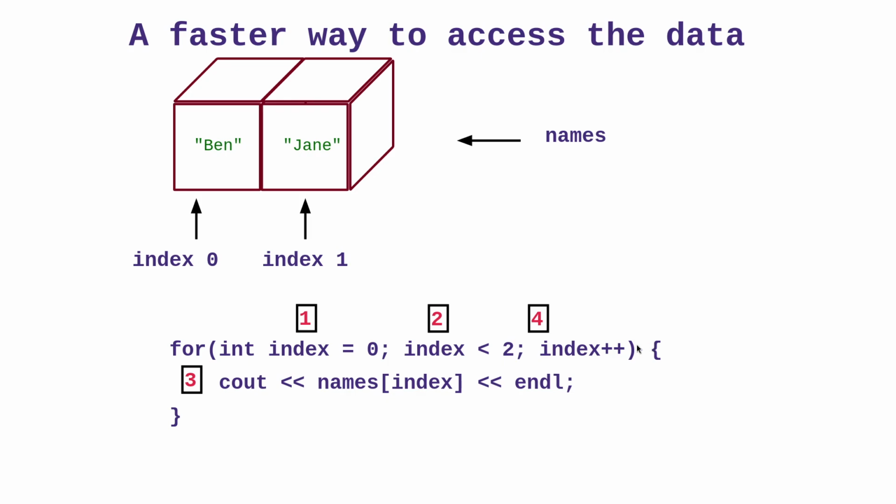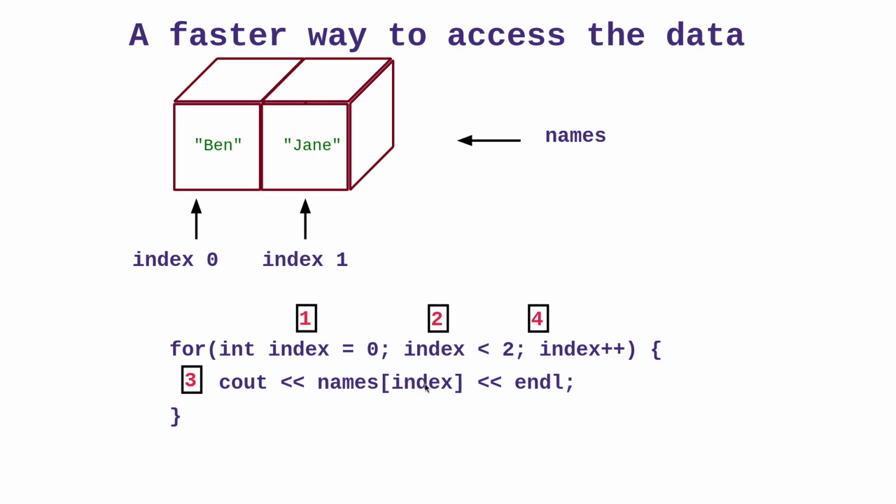Now, we do not go back to step 1, because remember, step 1 is only done once. We instead move from step 4 to step 2, where we check the updated index to see if it's still less than 2. It's currently 1. Is 1 less than 2? True. And because that's still true, we execute the body, which is step 3 here again.